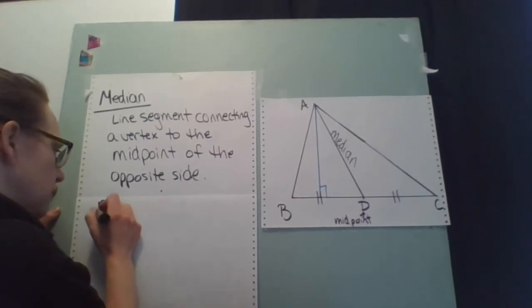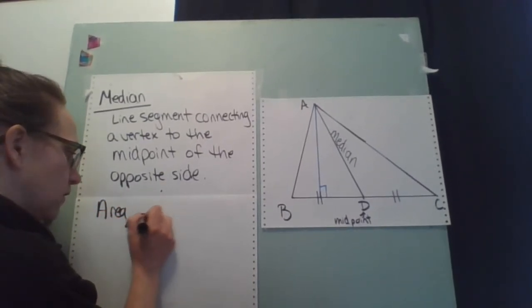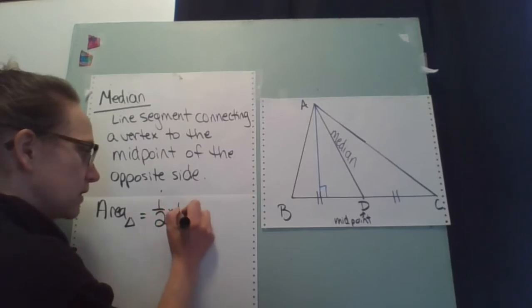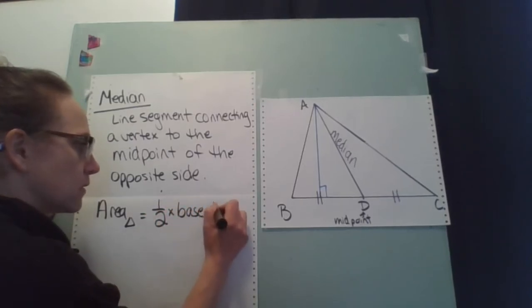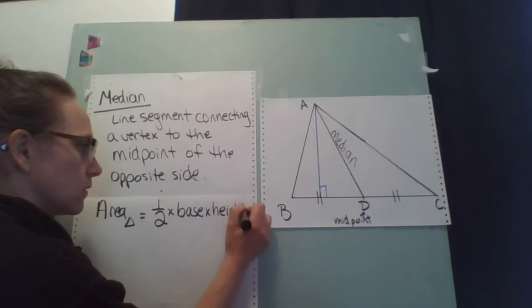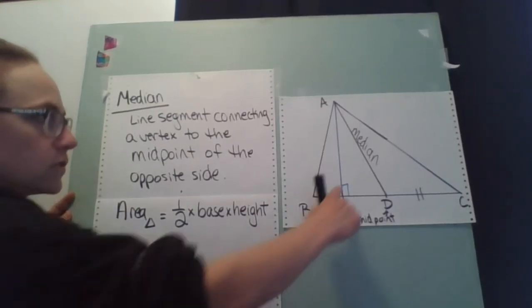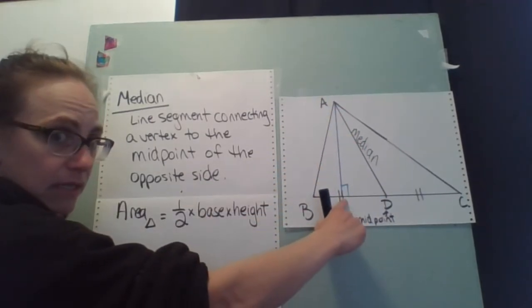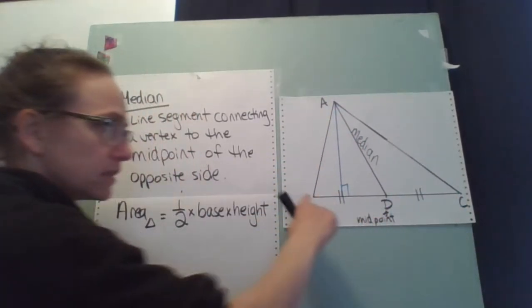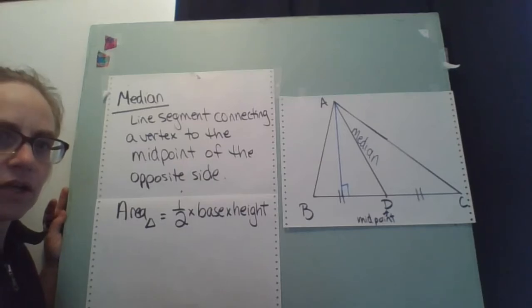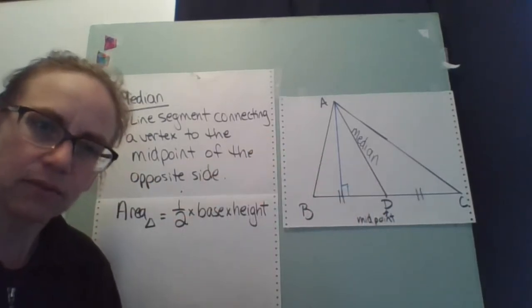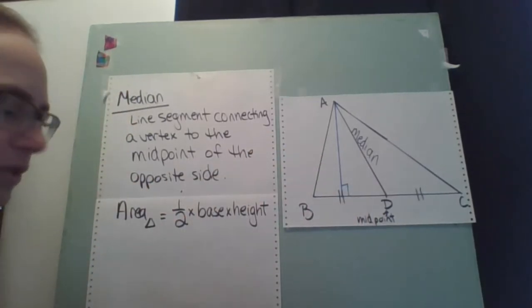Right? So area of a triangle, remember, is half times your base times your height. Okay, so this line here gives me my height. There's my base.